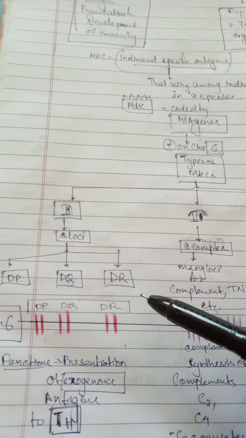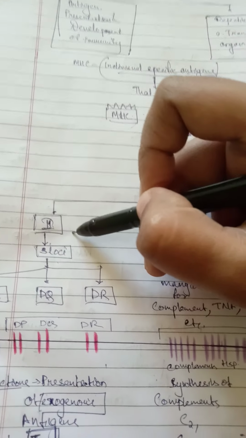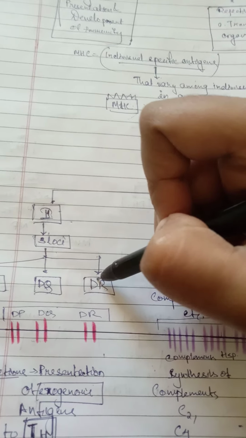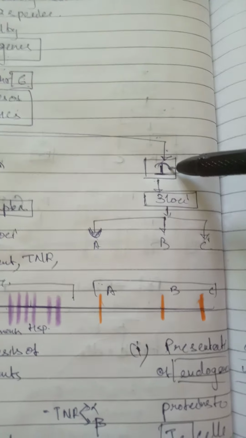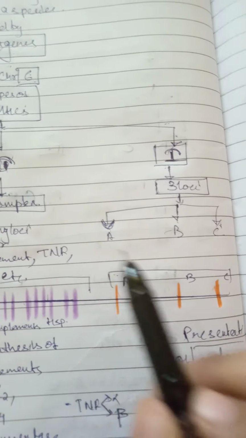To remember the loci of MHC2, I would give a simple trick. 2 means each locus has 2 alphabets, namely DP, DQ and DR, and similarly 1 has 1 alphabet in each locus, A, B and C.